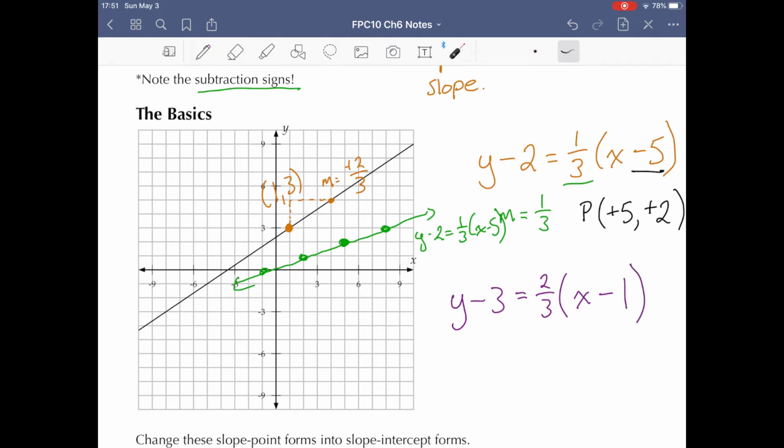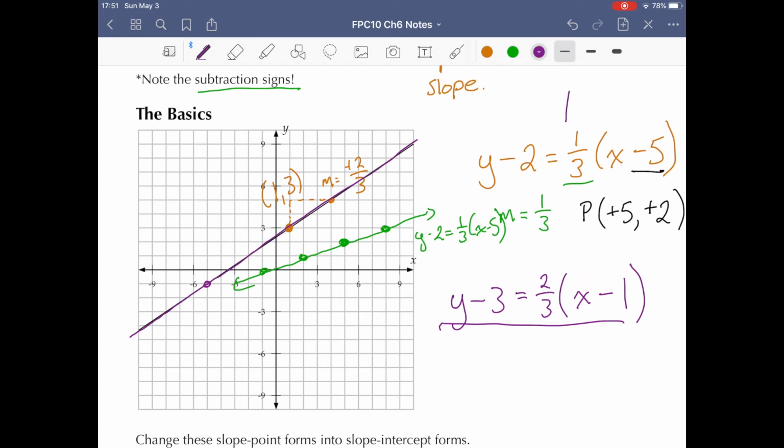Notice again, it was plus 1 here, so now it's minus 1 over there. Now, it doesn't matter which point you use on this line. They'll all work out to be the same equation once you simplify the equations. All right, so right here, this is the equation for this line.